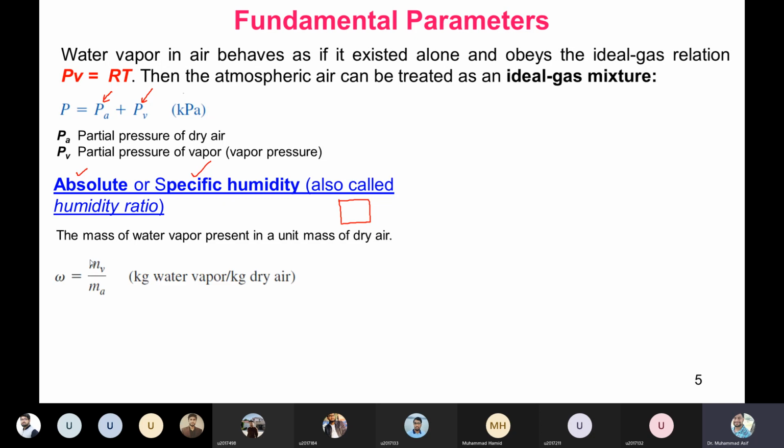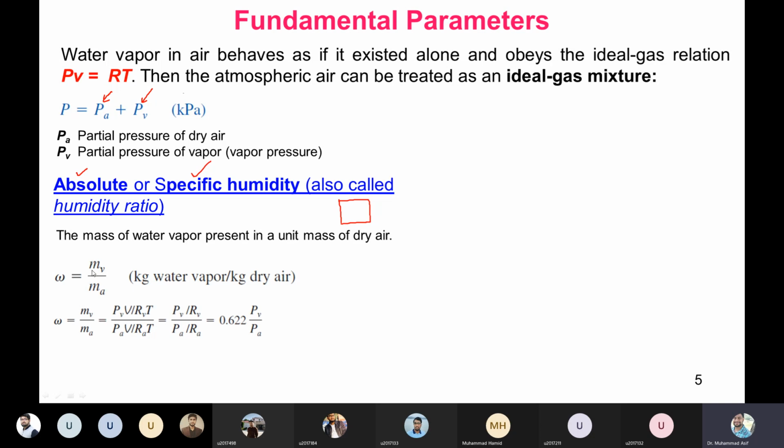As you know, this is MV, the mass of the water vapors present in the mass of the dry air. Right? And the unit for the omega, or this humidity ratio, is kg of water vapors per kg of the dry air. We can also convert this relationship in terms of pressure.